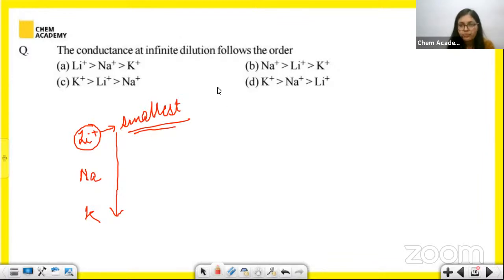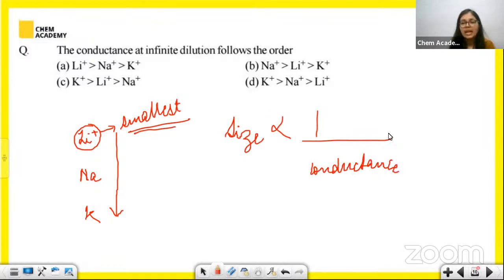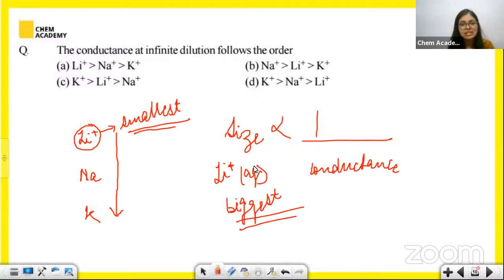And since we know that size is inversely proportional to conductance, the conductance of Li plus aqueous will be the least. Therefore the D option will be the correct answer, because the size of Li plus becomes very huge due to all the water molecules that come and stick around it.